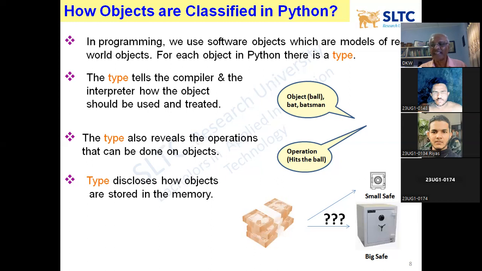Everything in the universe consists of matter, and recently scientists found there is dark matter also. Dark matter is invisible, yet it exists. So we start science with matter, and likewise we start object-oriented programming with objects.